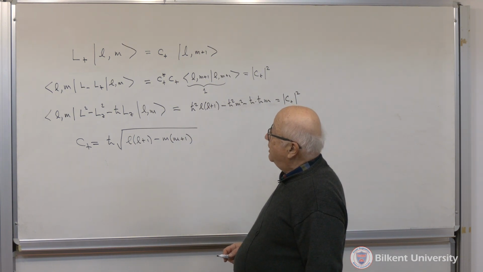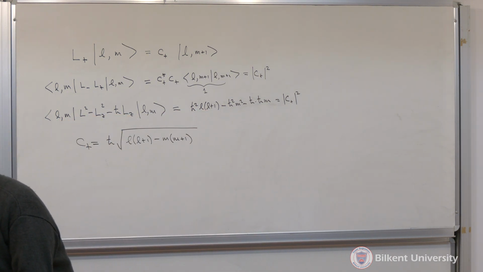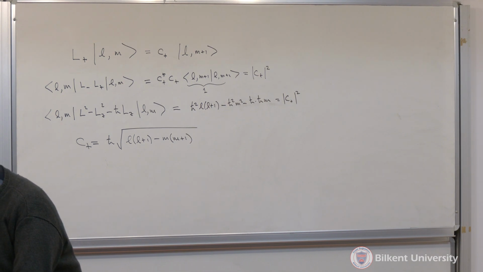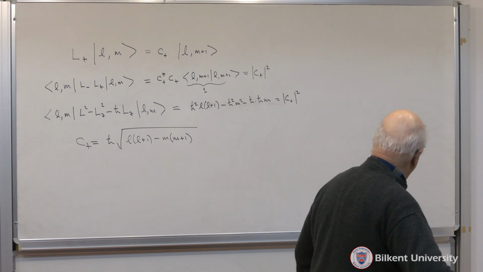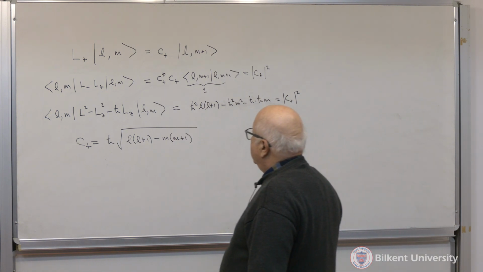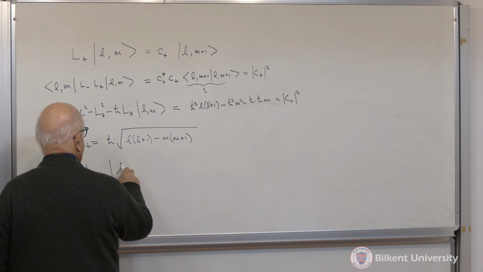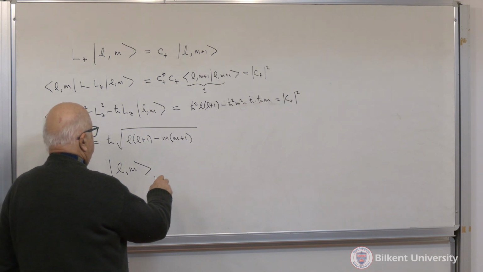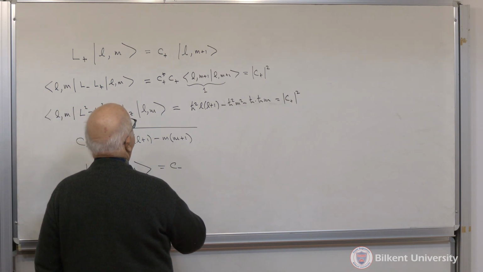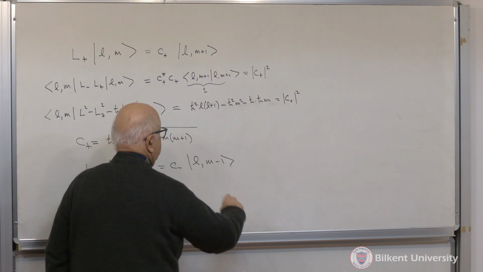Okay, so let's do the same thing for the L minus, for the lowering operator. Same sort of stuff. Again, I'm going to do this a little more quickly, so I'll probably make a mistake, so check my algebra. L minus acting on l m is going to be equal to C minus times l m minus 1.